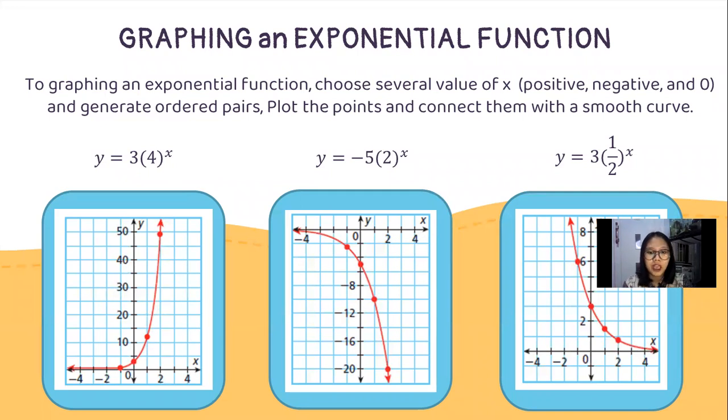And we can do this to graph y = -5 × 2^x, and also the graph of y = 3 × (1/2)^x.